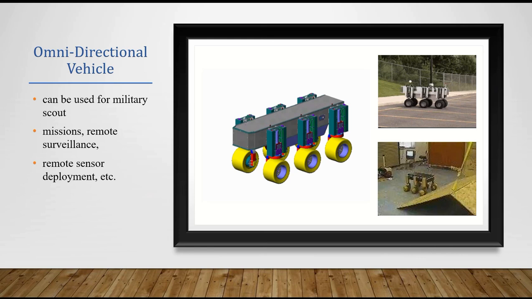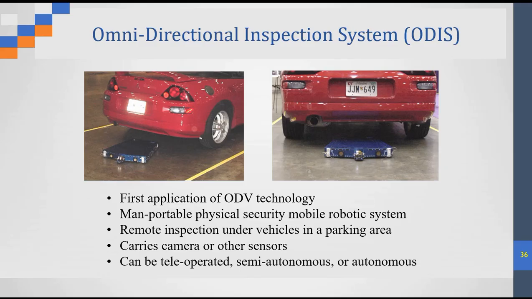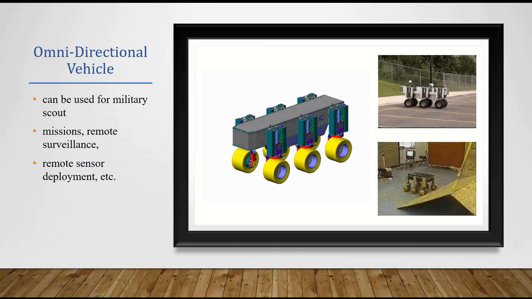Maybe some jobs have risk if a human does them, so this can do it. It can be used in the military, or, for example, to check a car. So this kind of vehicle can also be considered an autonomous system.